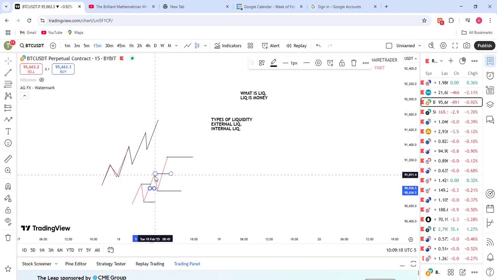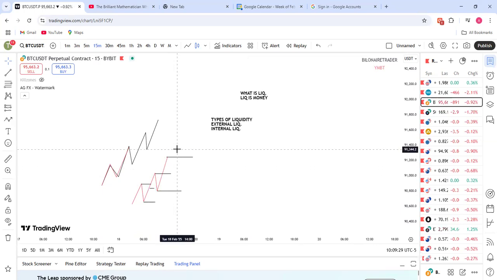Once the market comes, it takes out that liquidity. Once the liquidity is taken, you can expect the market to move, because what the market does basically is that it is always after liquidity. The market goes after liquidity, and once it takes a liquidity, it must move in the opposite direction to the liquidity.